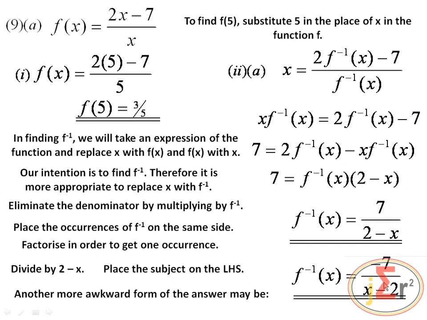As a matter of fact, if you multiply the numerator and the denominator of this one by a negative 1, we will arrive at that one. Do not forget that multiplying both numerator and the denominator by the same number does not change the value, just the appearance of the number or expression.